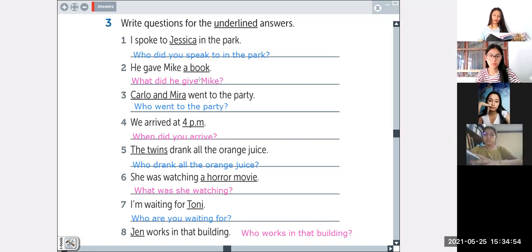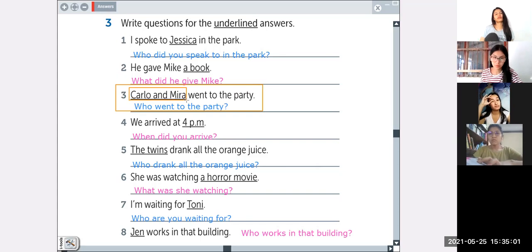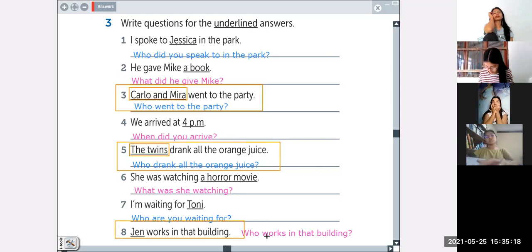Number 3 is a subject question, right? Because we want to know about the subject. Any other question? Number 5 and number 8. Very good, because we want to know about the subject.